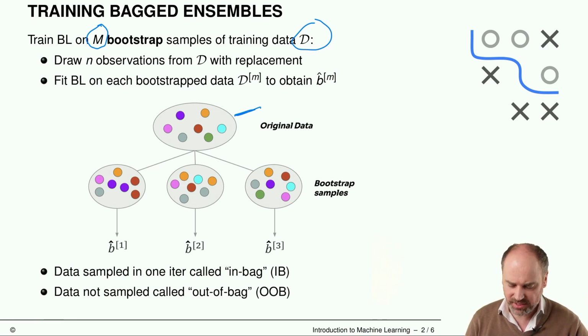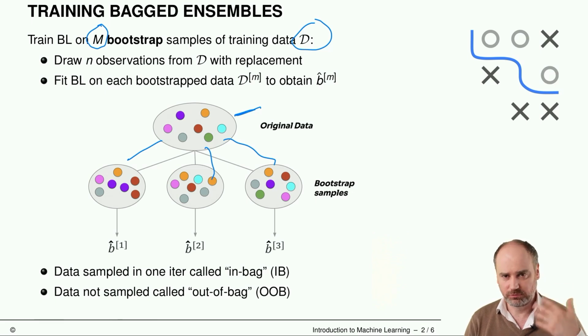So we take our original data set and then we simply draw M bootstrap variations of that original data set, which means we will draw with replacement from the original data set. So draw an observation, draw another observation, draw another observation, but with replacement until we have sampled n of these, until we have sampled as many as we had before in the original data set.